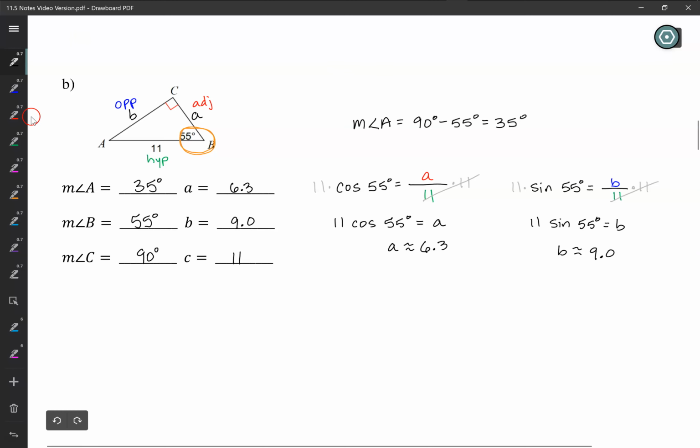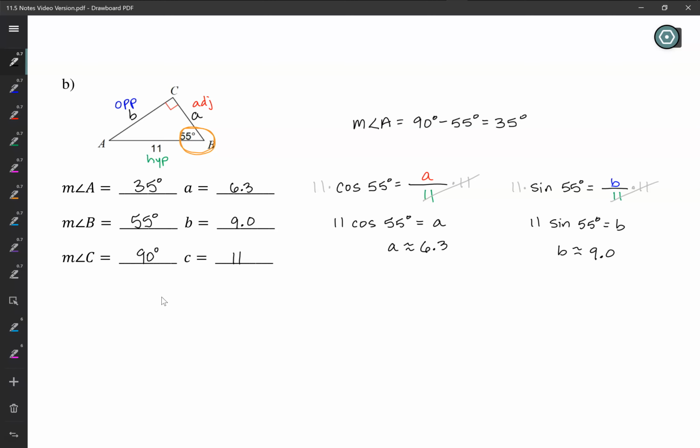So once again, if I look at this, the smallest angle is across from the shortest side. The biggest angle is across from the longest side. The angles add up to 180 degrees. So I don't see any obvious mistakes. There could definitely still be mistakes, but nothing that's jumping out at me.